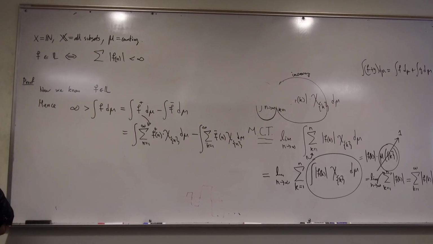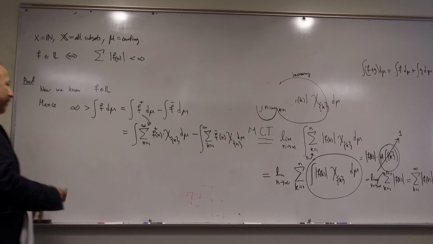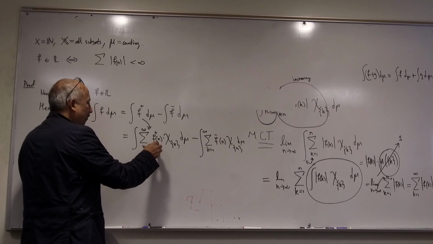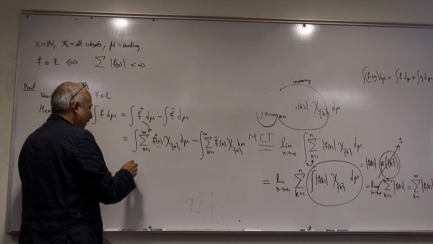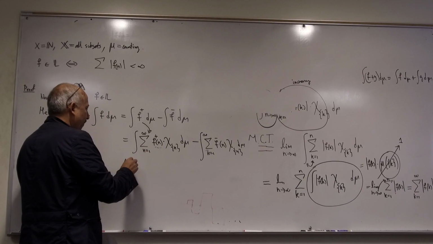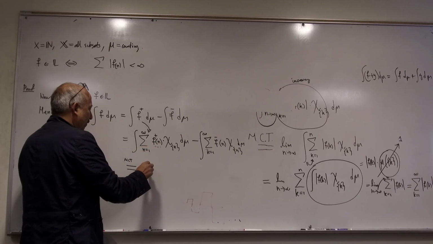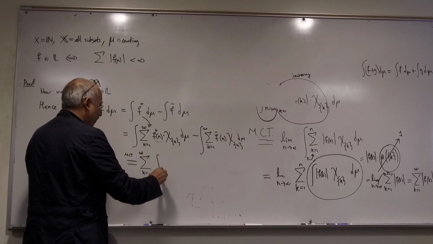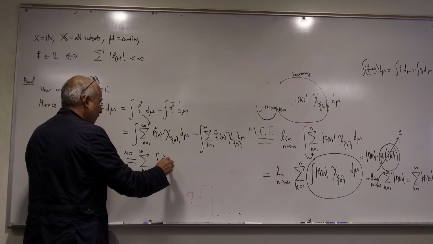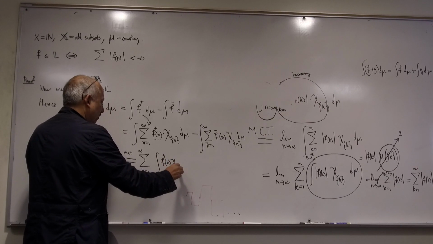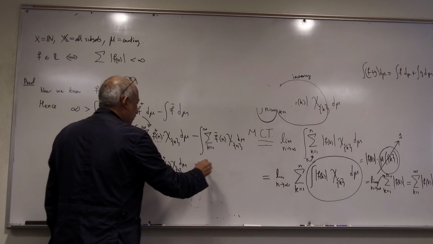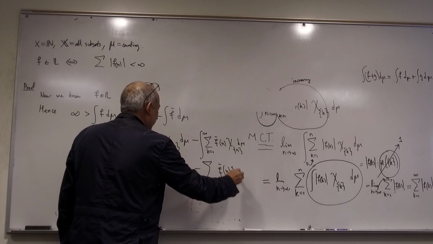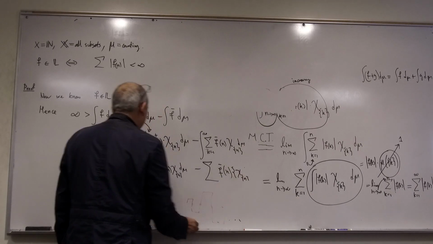And because now we know that this is greater than or equal to 0, by the MCT, because everything is greater than or equal to 0, this is the sum of the integrals of f plus n, characteristic of n d mu, minus the sum of the integrals of f minus n, characteristic function of n, right?